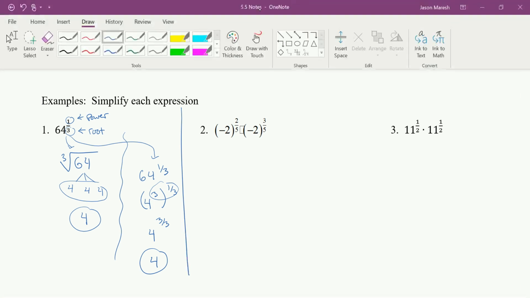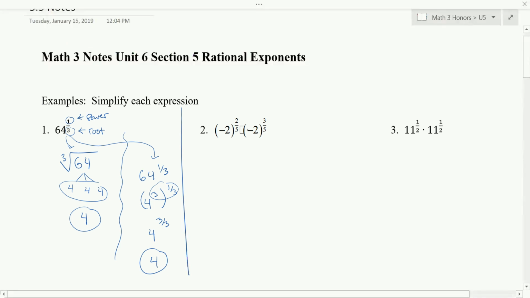Number 2, we have -2 to the 2/5 times -2 to the 3/5. What do you remember? You add what? The exponents. So the 2/5 plus the 3/5. And then what do we do with the -2's?